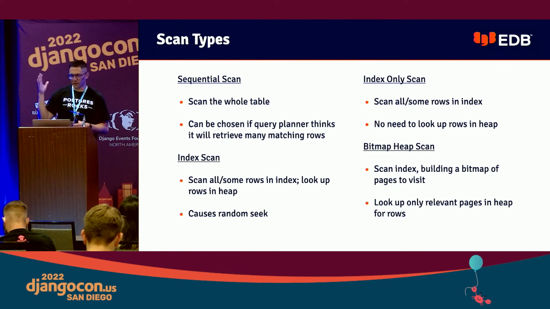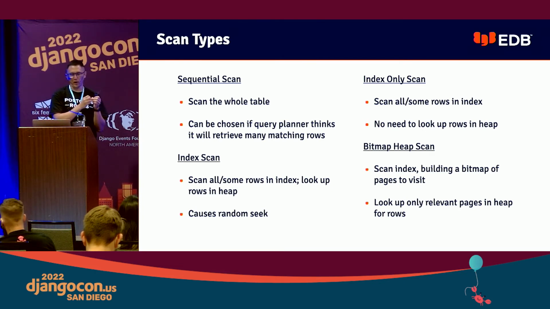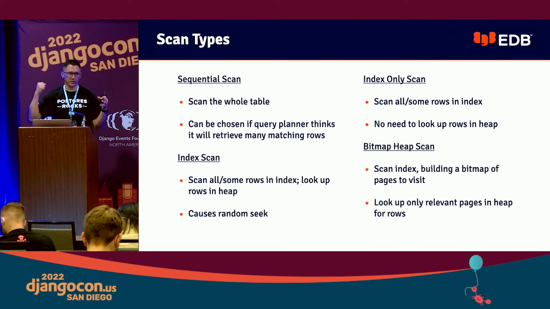So I talked about several of the scan types: sequential scan, index-only scan. There's also the bitmap heap scan, which I didn't talk about, which is basically somewhat of an index scan, but not quite. What it does is it basically scans the index and it builds a map of all the pages that you need to fetch from disk.